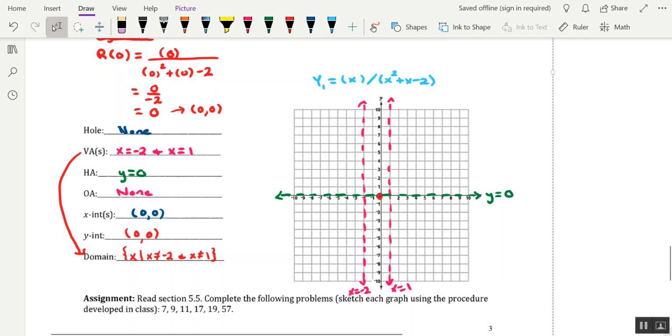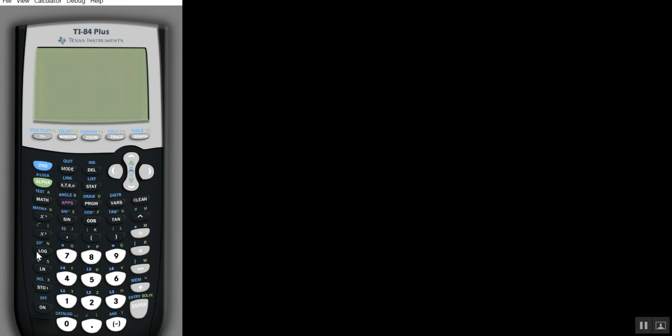So let me pull up my calculator. So in y equals, in y1, we'll have parentheses x, fraction bar, parentheses x squared plus x minus 2. And if you have a TI-84, you can hit zoom 6.